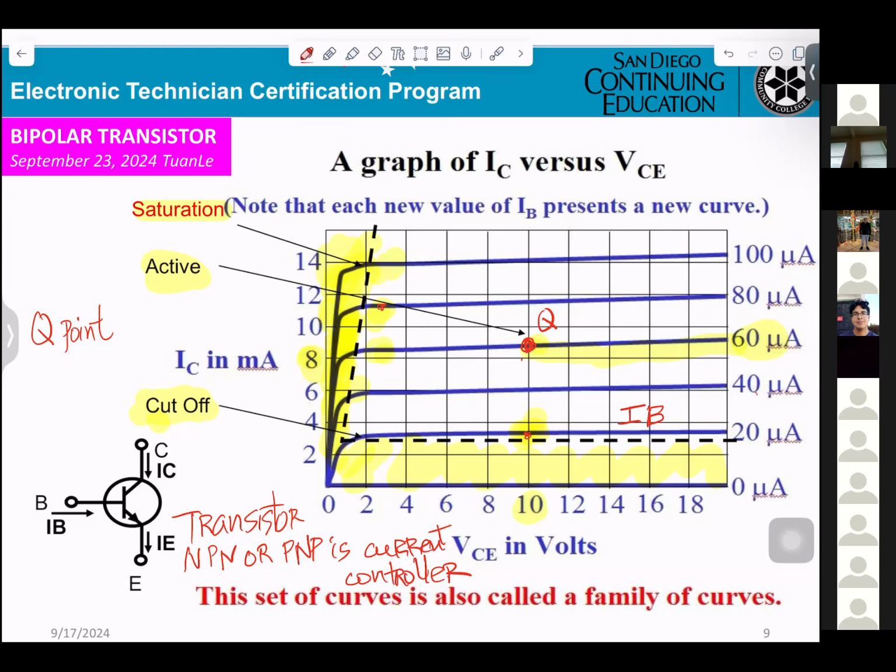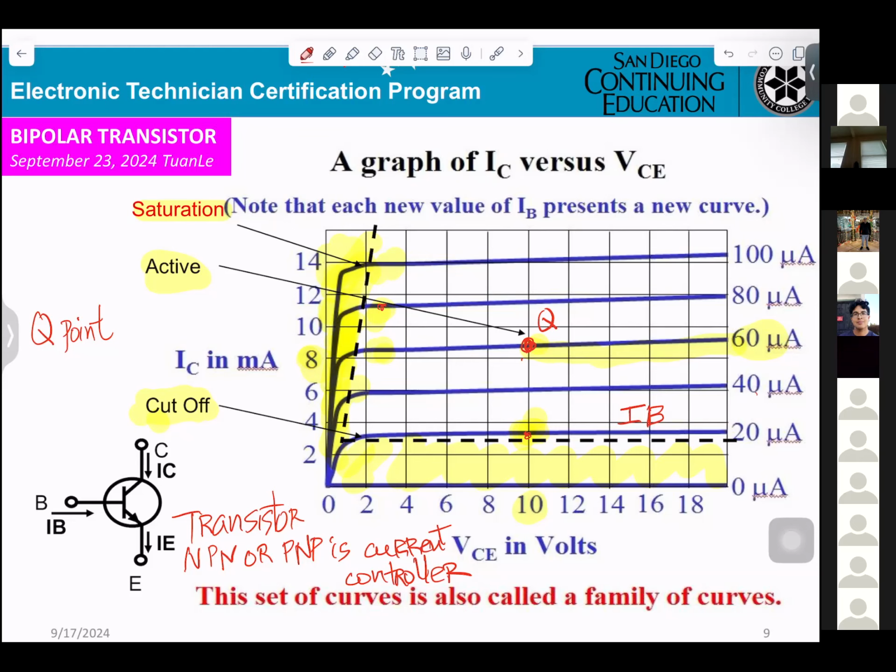Later on, you will get another transistor, the JFET, a field effect transistor. They're not controlled by the current.